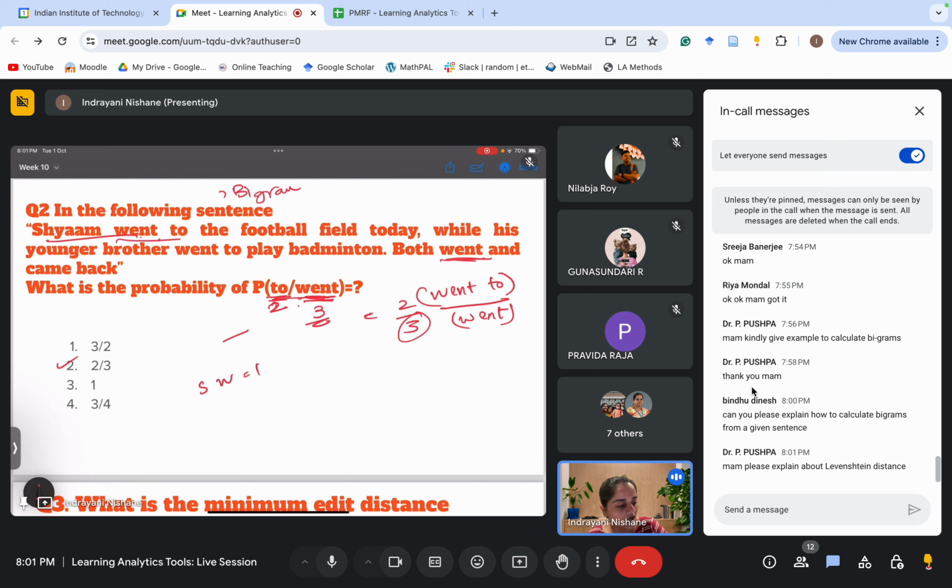"Went to", how many times has it occurred? One time, and this another, so twice. Then "to the", how many times? Once, that's it. "The football", how many times has it occurred? Only once. This is how we calculate.